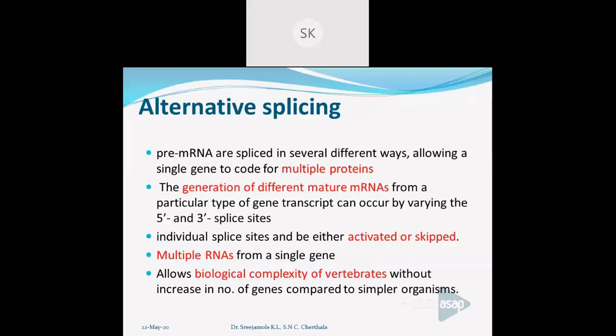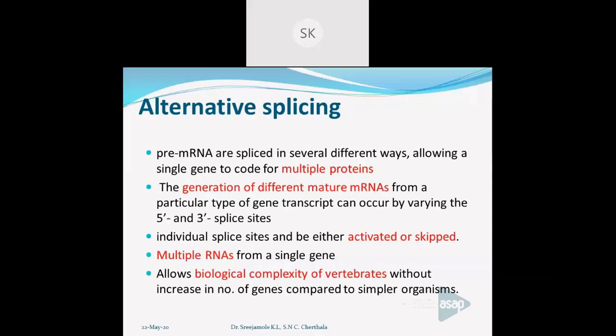And this actually increases the complexity of proteins in vertebrates. We know that in simpler organisms and in evolved or higher organisms, the number of genes is almost the same. But the number of proteins produced in the simpler organism is much lesser when compared to the higher organism.